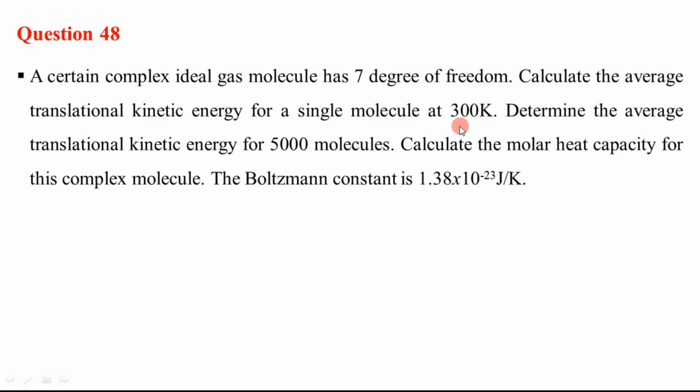They are also asking to determine the average translation kinetic energy for 3000 molecules, and for 5000 molecules. Then finally they are asking to calculate the molar heat capacity for this complex molecule. They are giving the Boltzmann constant, which is equal to this value.